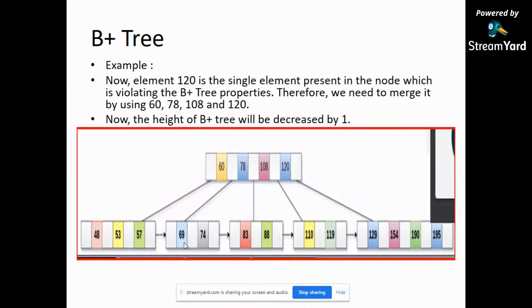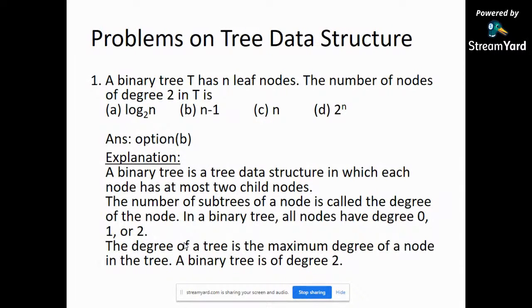Now next we'll look into the problems. A binary tree T has n leaf nodes. The number of nodes of degree 2 in T is... The question is related to binary trees. A binary tree has n leaf nodes.